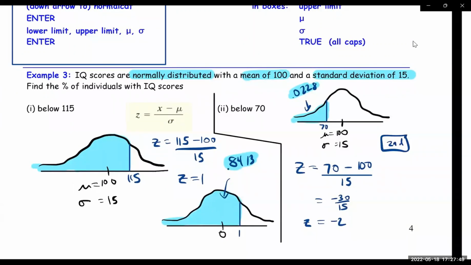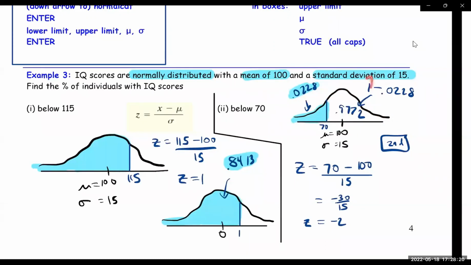Well, all you have to do is remember the whole thing is 1, right? So to find this, it's called the complement. You find the complement: you do 1 minus 0.0228, and that'll give you that. So it's basically 1 minus this number. If you do 1 minus 0.0228 on the calculator, you're going to get 0.9772.